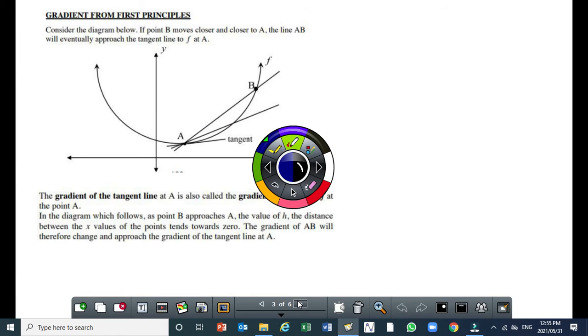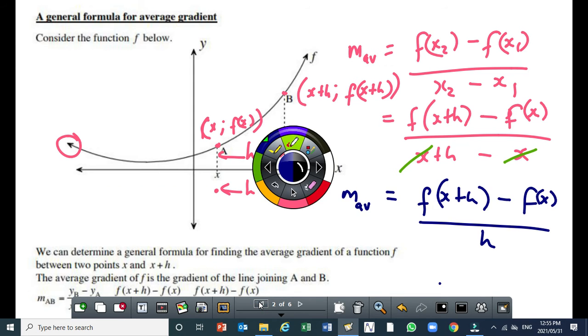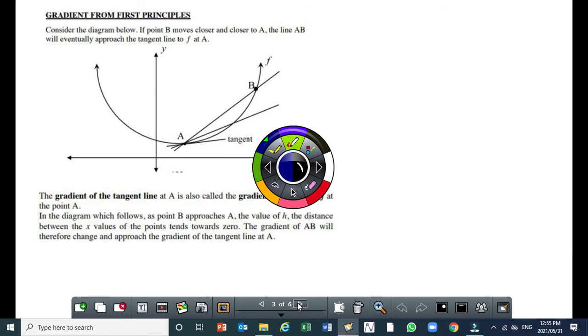Right? It comes from the concept of average gradient. Okay? So everything that I'm going to do from that page originates from this formula. Okay? I'm going to explain how we can relate that to the differential calculus.